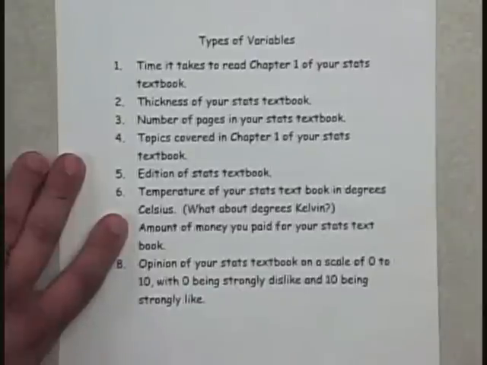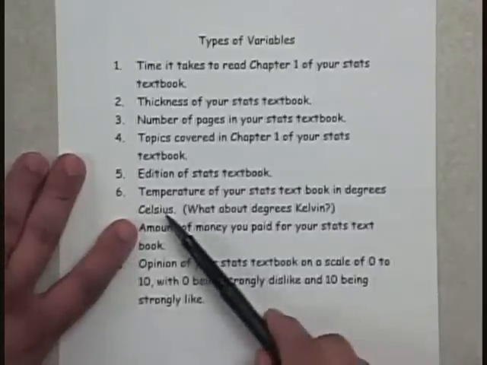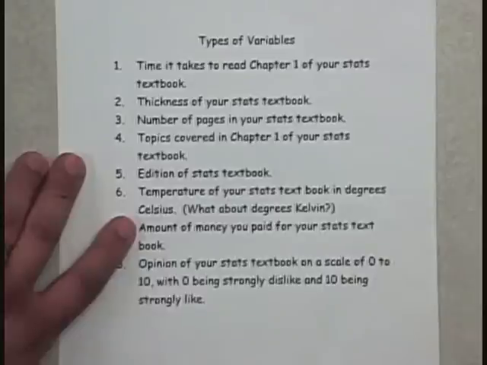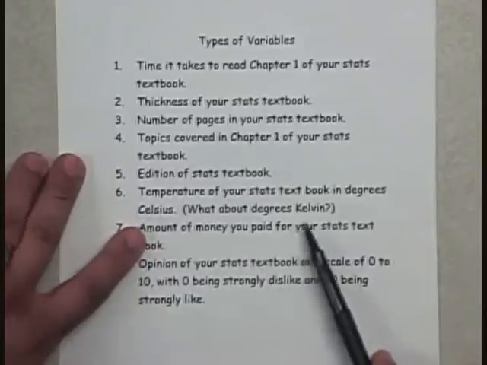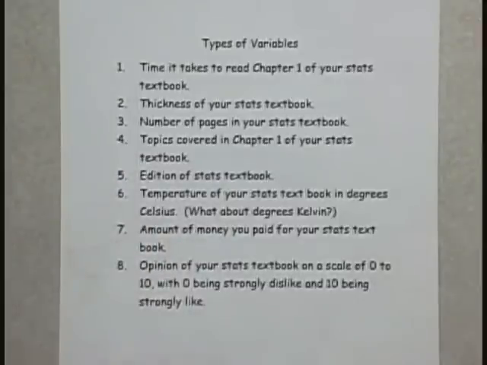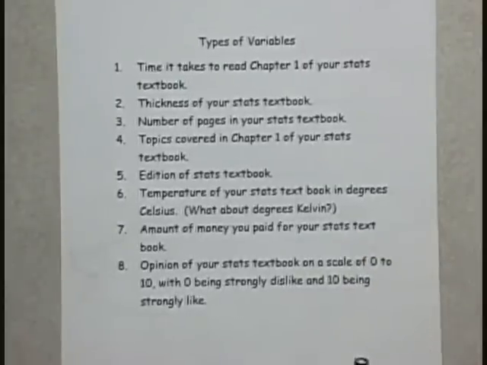The temperature of your stats textbook in degrees Celsius, that would be interval. So there's your interval scale, and I use temperature here, where 0 degrees Celsius is not a natural 0 starting point. Now, what about degrees Kelvin? Either you know what the Kelvin scale is, or you don't. Kelvin was a scientist who discovered that the temperature of an object is how fast the molecules in that object are moving.